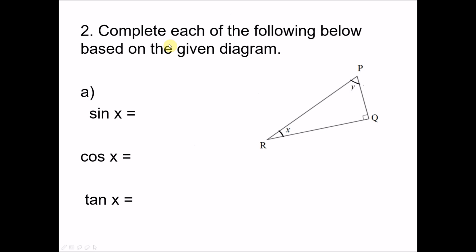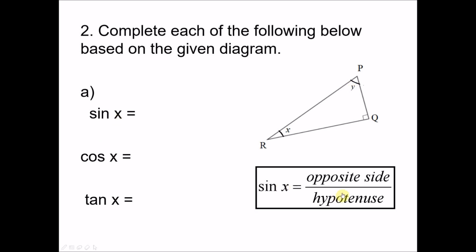Question number 2. Complete each of the following based on the given diagram. You are given this diagram, right angle triangle PQR, with angle X and angle Y. We need to find sine X, which only refers to this angle X. So we ignore Y for now.